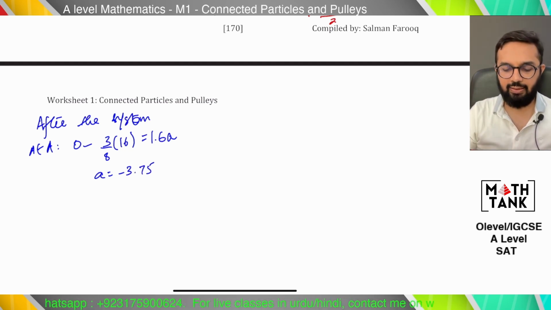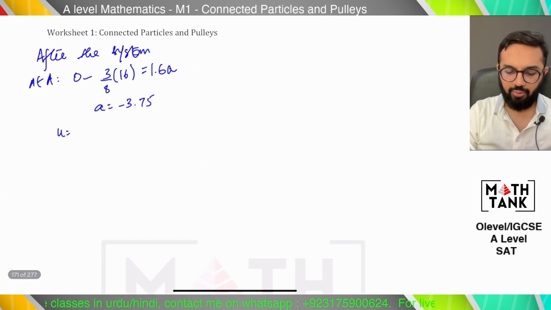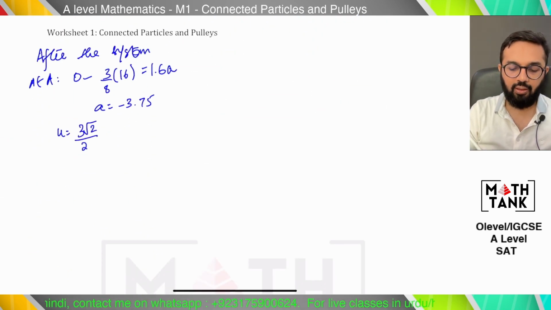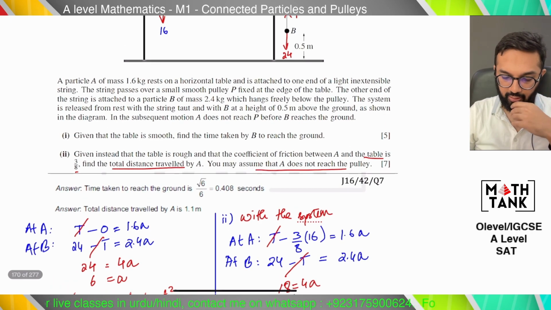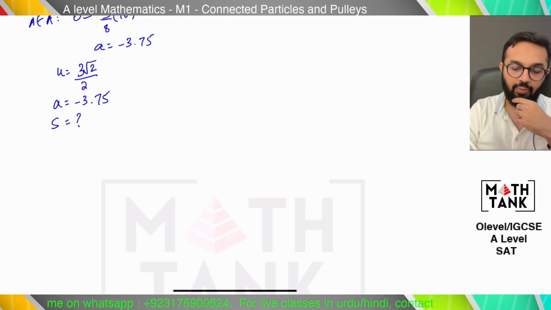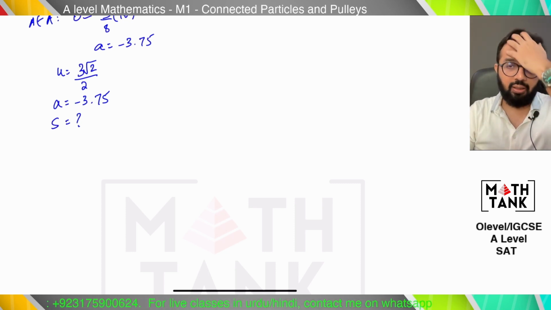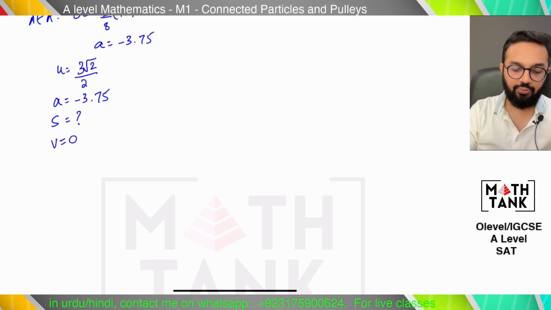So now the particle is decelerating. It started off with the speed of 3 root 2 over 2. Its acceleration is minus 3.75. I want to find out how much distance it has traveled, so S is what I want to find out. I know that the particle stops before it reaches the pulley, so v equals 0.